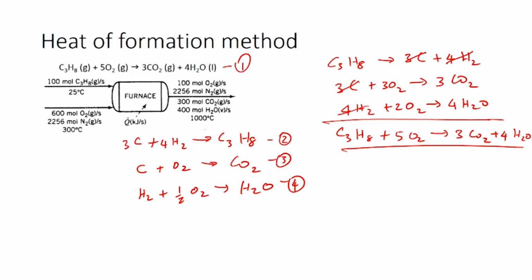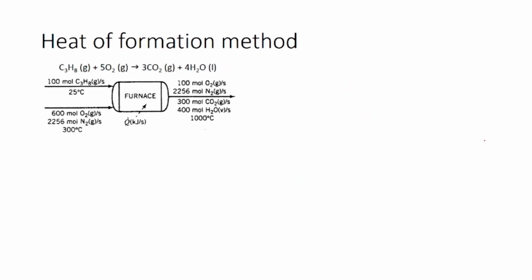So, now let us see what our enthalpy table looked like when we prepared it for the heat of formation method. We had components C3H8, oxygen, nitrogen, carbon dioxide and water. So, all the 5 components were identified.